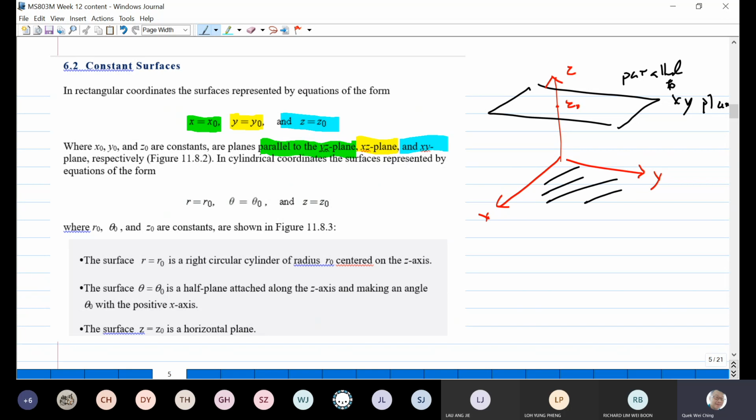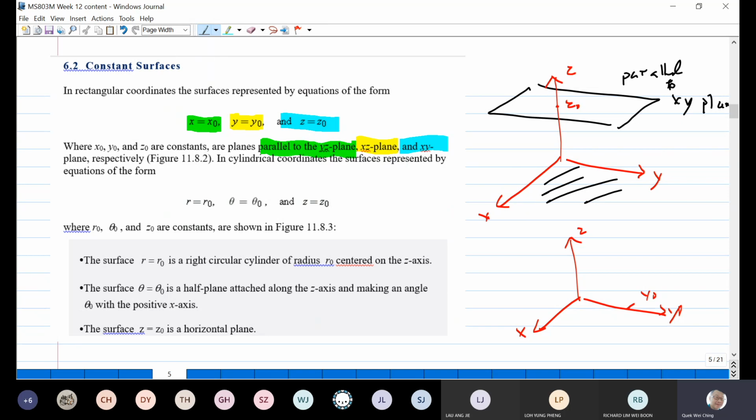Okay, so what happens if you put y equals y0? If I draw a picture here, x, y, z here. So y equals y0 is here. So you draw a plane passing through y0.